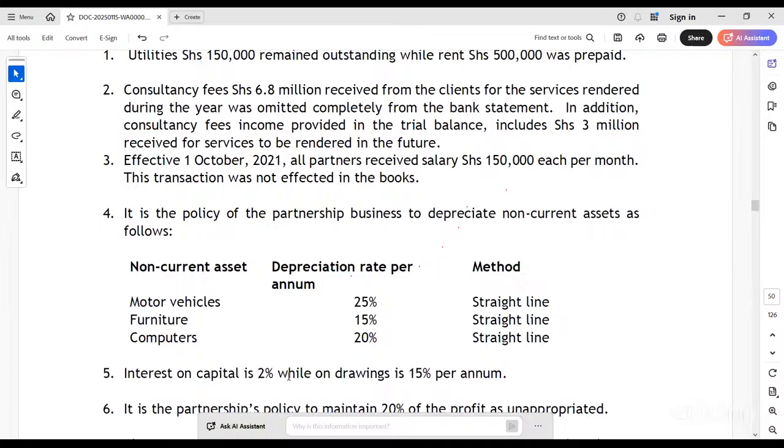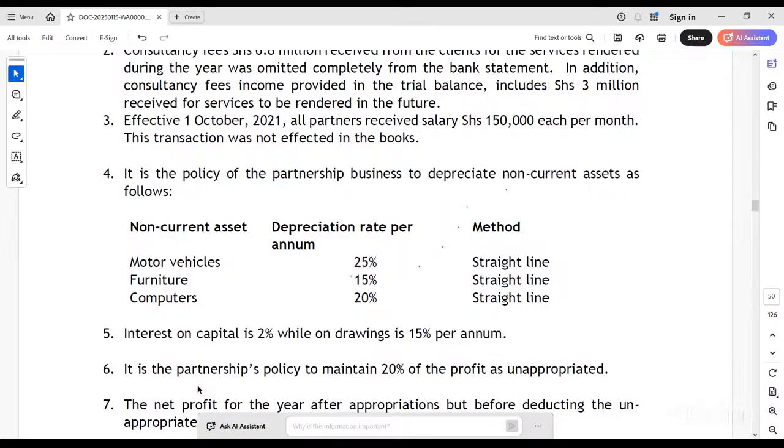Interest on capital is 2%, while on drawings is 15% per annum. It is the partnership policy to maintain 20% of the profit as unappropriated.